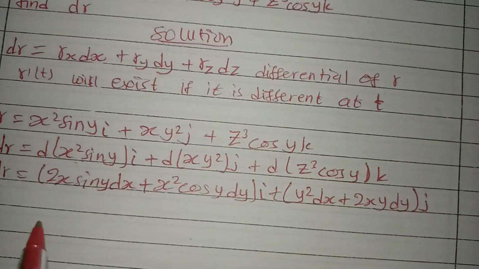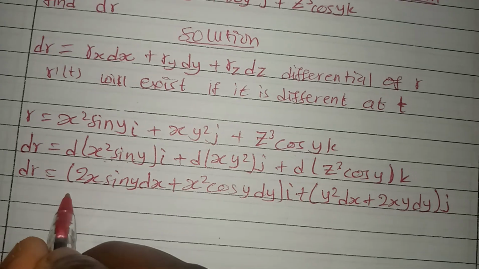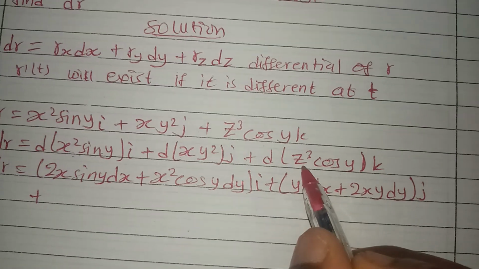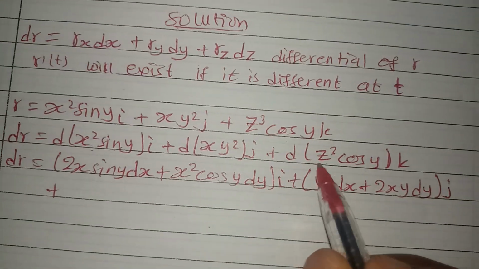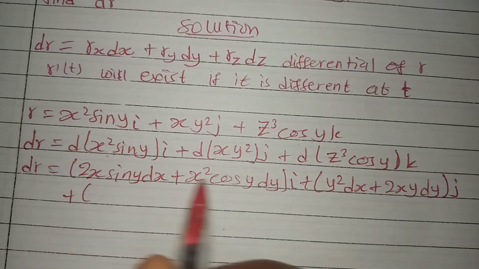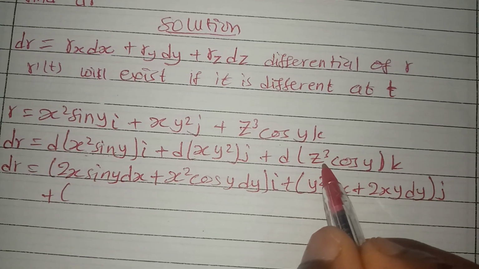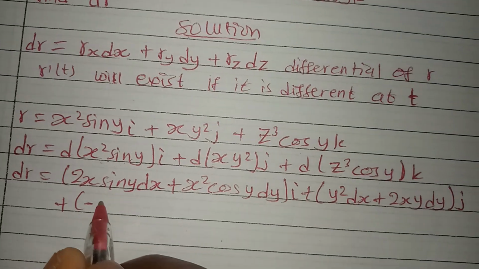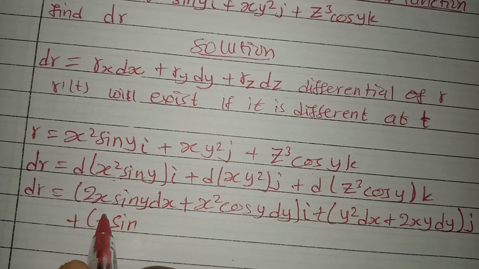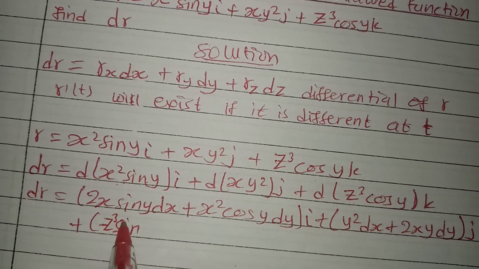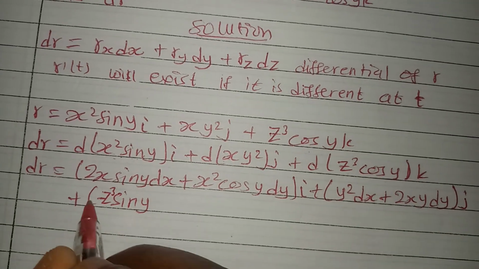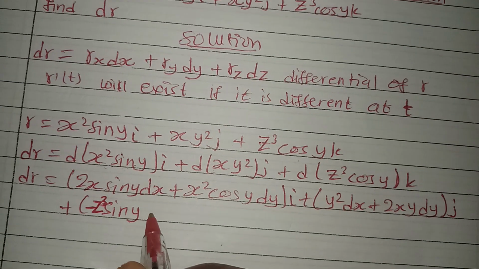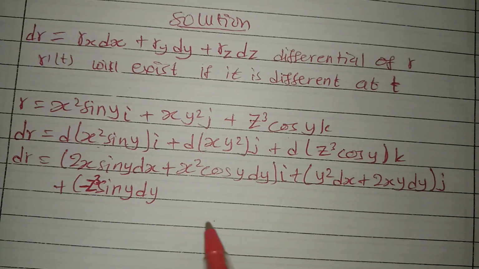Let me continue from here. The next step will be plus this. You can see that here we have z and then y, so we are going to differentiate with respect to these two variables. Keeping the z and differentiating with respect to y, we are going to have minus z cube sine y dy.